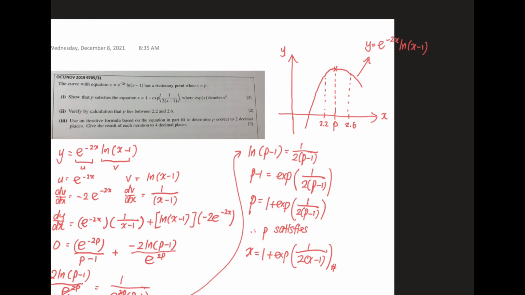You won't get sign change over there. You substitute 2.2 inside, you get a positive value. You substitute 2.6 inside, you also get a positive value. There is no sign change if you are substituting it to the curve, to the y. You won't get sign change.